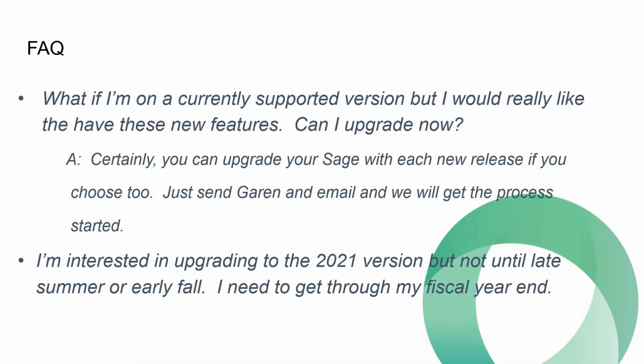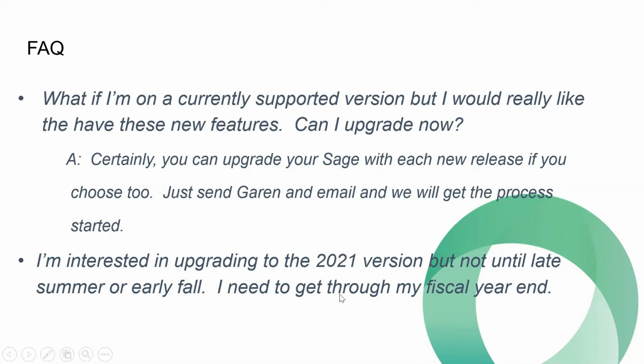We do have clients that, when a new version is released, want to go ahead and be on the latest and greatest and take advantage of all of the new features within Sage. So certainly, you do not have to wait until your version is ready to retire. Just send Garen an email that I mentioned in the prior slide, and we will go ahead and get the process started.